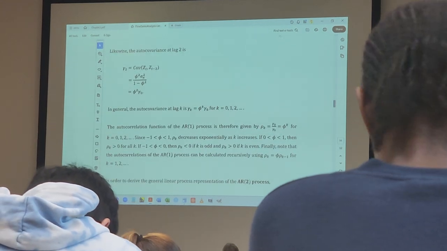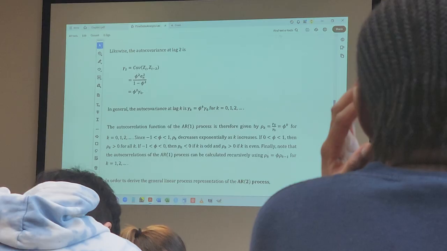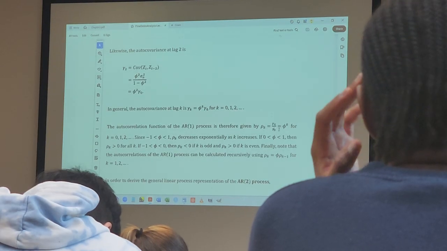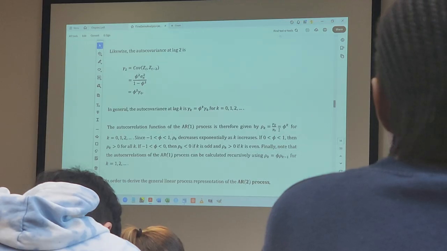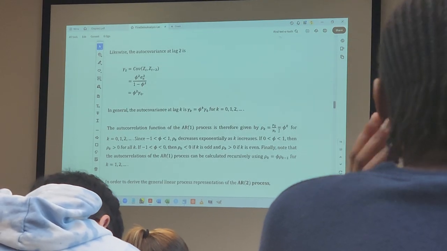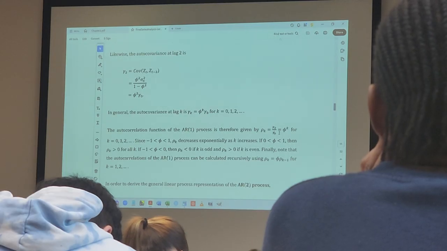For an AR1, the autocorrelation function is just equal to that autoregressive parameter applied to the power of the lag. So a very simple formula for an AR1.